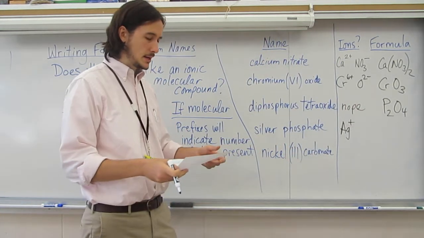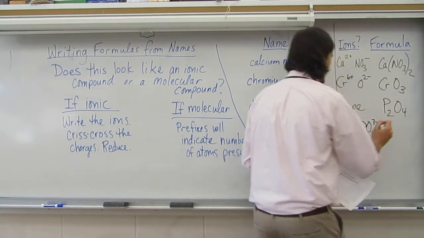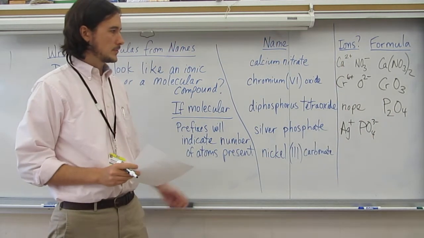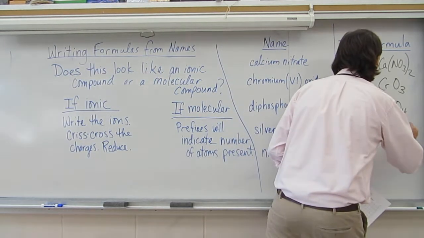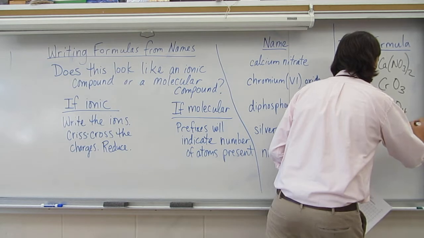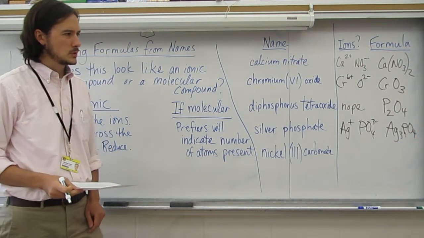Phosphate is another ion you need to memorize. We've got a +1 and a -3, so we crisscross, and it's Ag3PO4. I don't know if that got cut off.